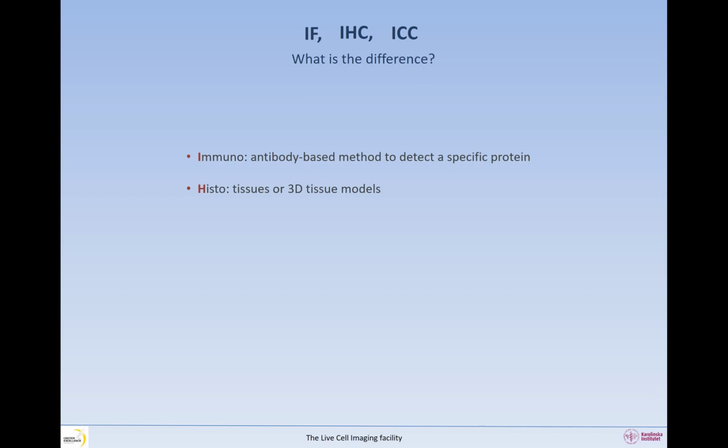So this type of immunostaining is done on tissues or 3D tissue models. The C is a shortening that comes from cyto, which means cells. And so this type of immunostaining is done on cells, cell monolayers or cells in suspension.